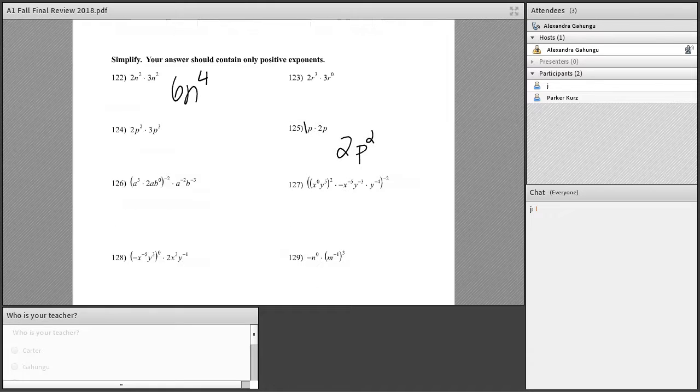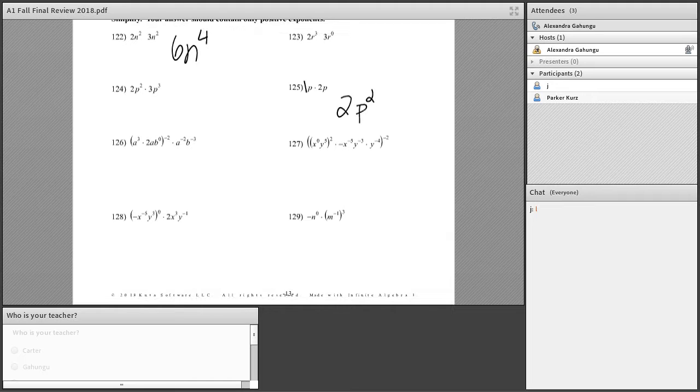Negative exponents, we'll deal with those probably with 128 and 129. If you have anything to the 0 power, that's just 1. So now it's just 2x cubed y to the -1 power.